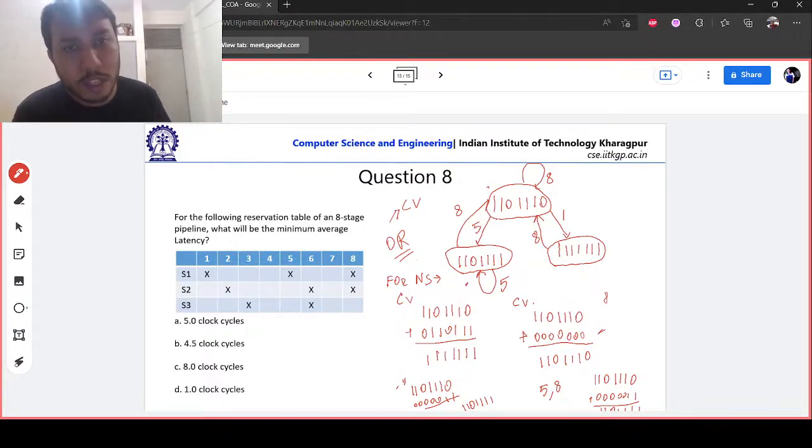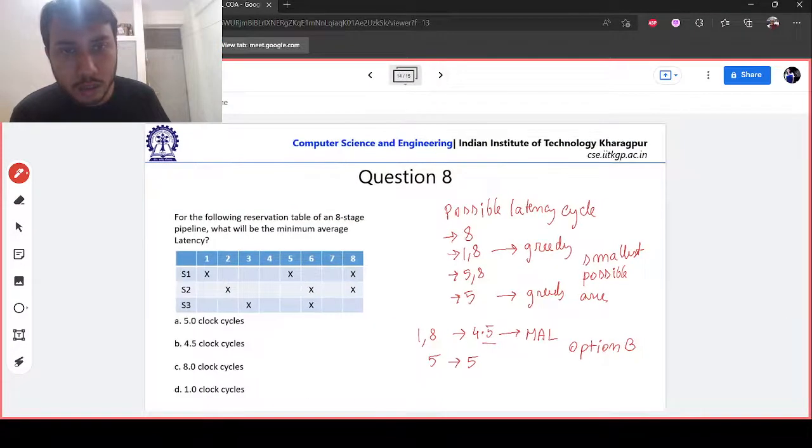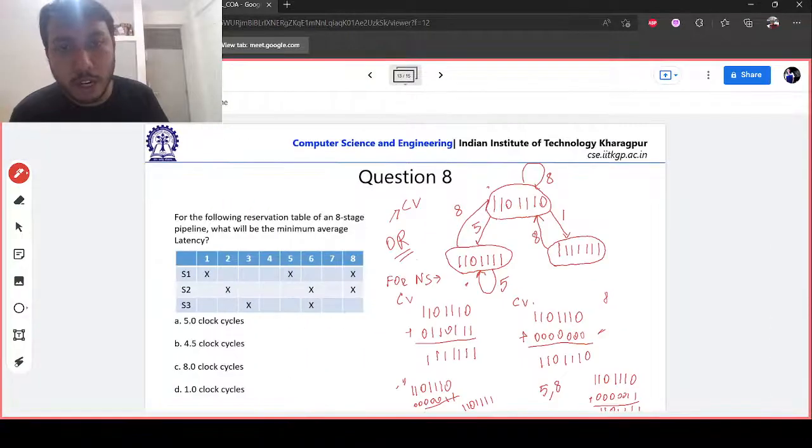So if you notice from here, you will have 4 cycles: 1 and 8, only 8, 5 and 8, and only 5. These are the possible latency cycles: 8; 1, 8; 5, 8; and 5. Out of these, 1, 8 and 5 are the greedy cycles. Why am I calling them greedy cycles?